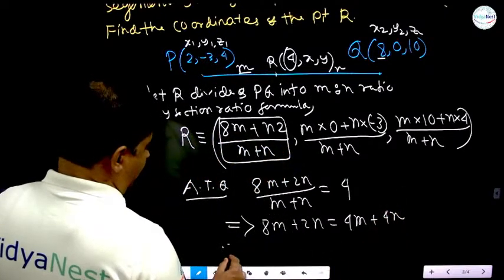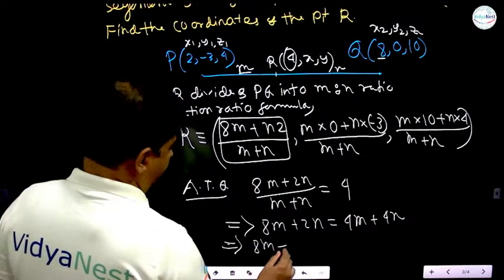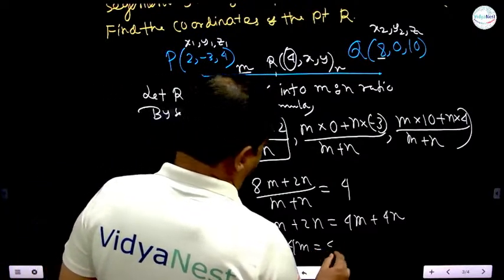Now bring all the m terms to one side, n terms to the other side.